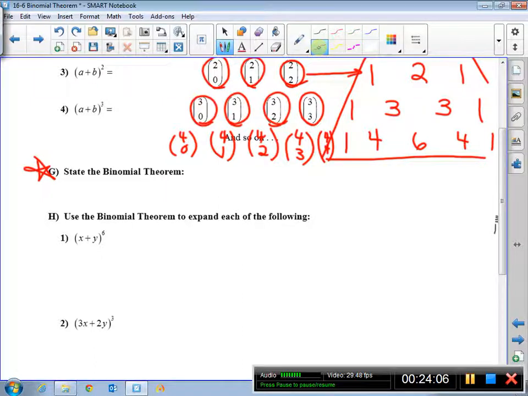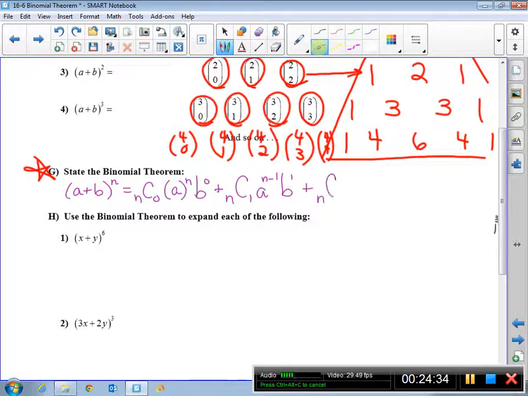It's right above the normal curve, and it says a plus b all to the nth power, so any power, equals n choose 0, a to the n, b to the 0, plus n choose 1, a to the n minus 1, b to the 1, plus n choose 2, a to the n minus 2, b squared, plus, and now let's skip to the end, dot, dot, dot.